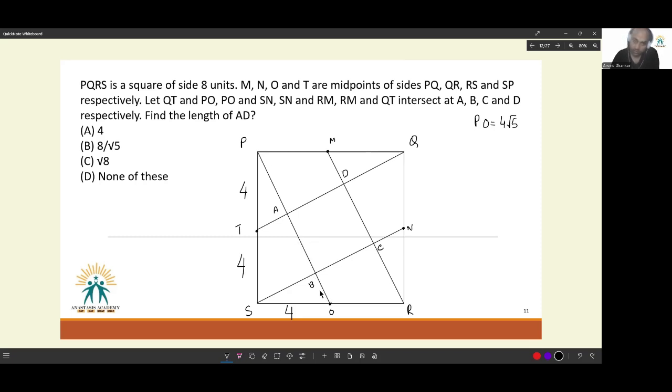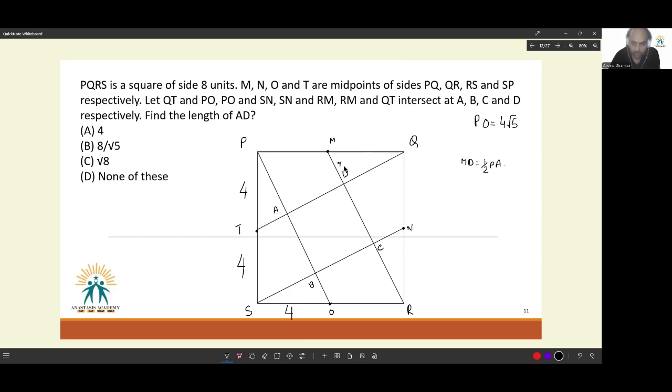Additionally, how do I break it down? Oh, I can see MD. Look at triangle PQA and triangle MQD. MR will be parallel to PO and M is the midpoint. So MD will be equal to half of PA.